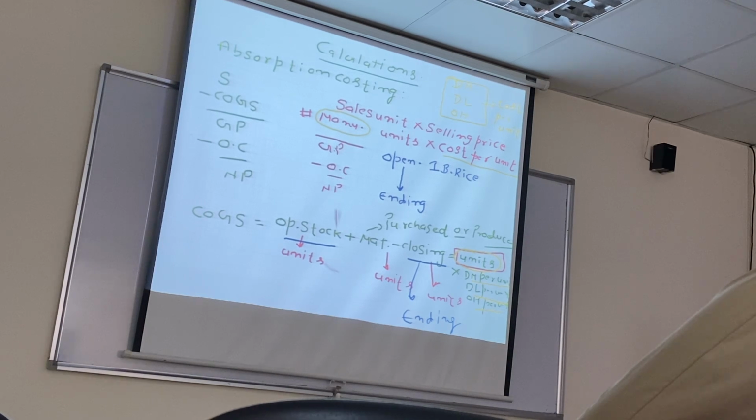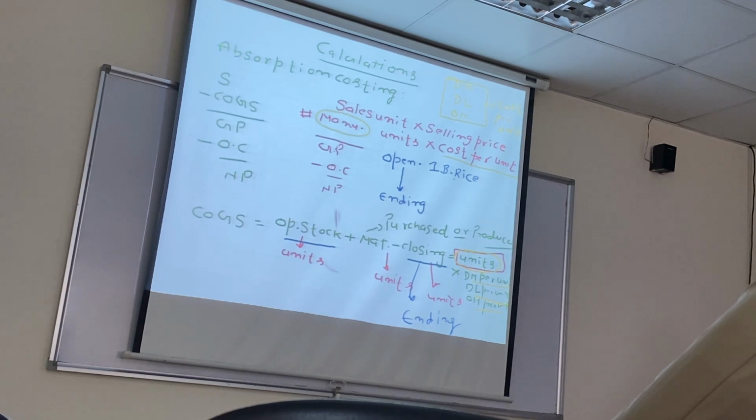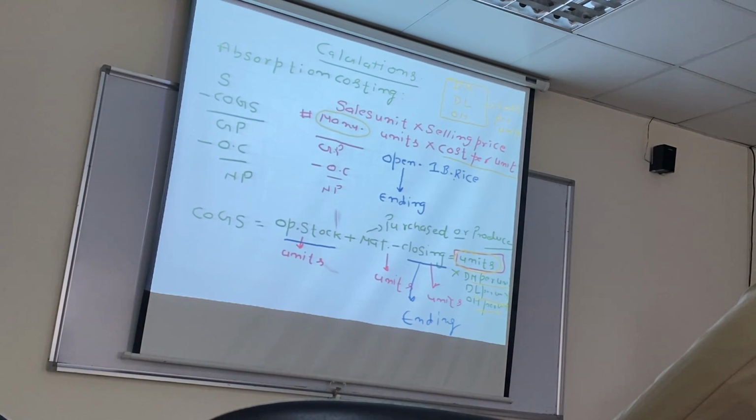Whenever you start production, whatever raw material you have, you will use it to make it. But because it's only 1 bowl of rice, it may not be enough for your breakfast. So what you will do, you cook more or produce more or purchase more. So that's the meaning of plus material.